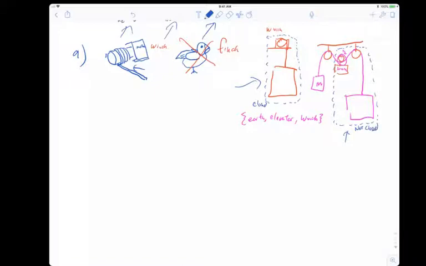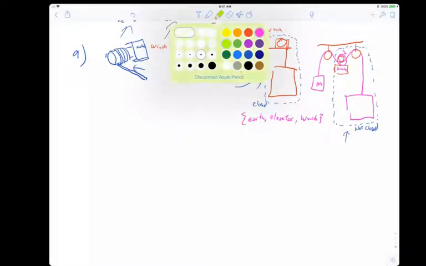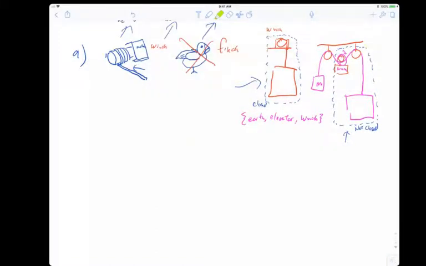And I think that's relevant because, okay, hold on. I'll use, yeah, that's a good idea. No, not that color. Green. Okay. Let's talk about if we had talked about this system specifically, the counterweight and the winch and the elevator and also the Earth.